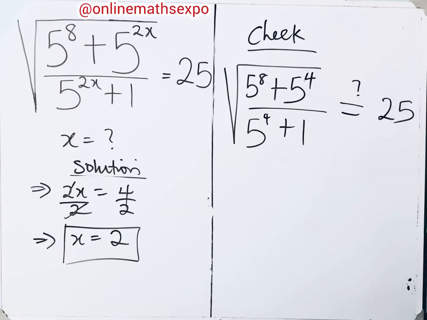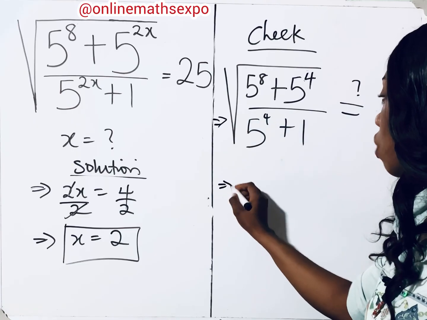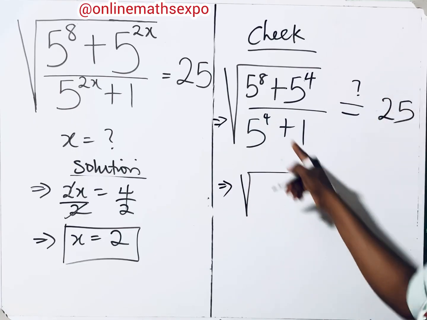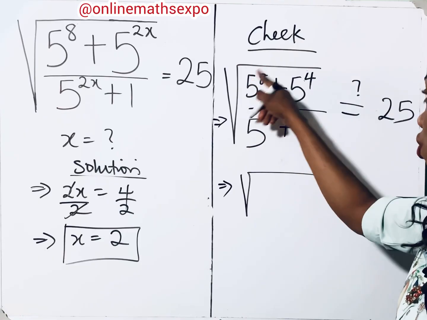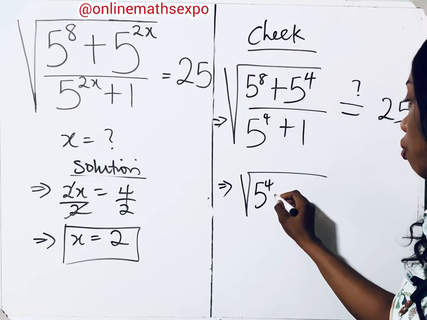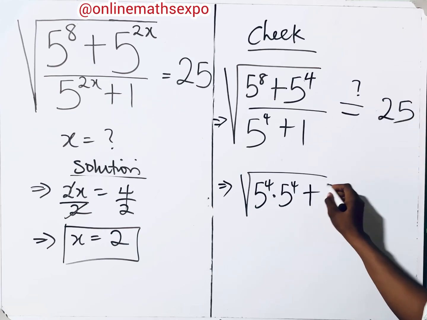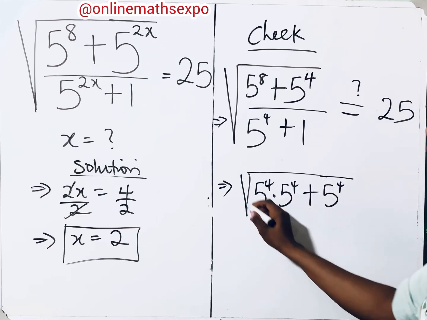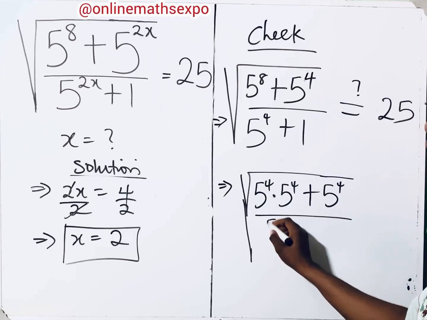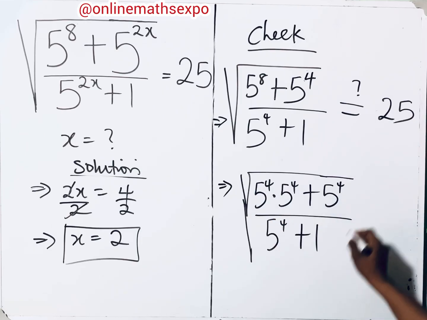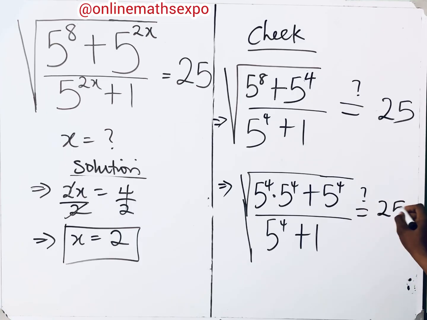We are simplifying. So to simplify further, we're going to have the square root of, now remember we said that this can be still rewritten as 5 to the power of 4 multiplied by 5 to the power of 4, then plus 5 to the power of 4, then you divide it by 5 to the power of 4 plus 1. Is it the same thing as 25?